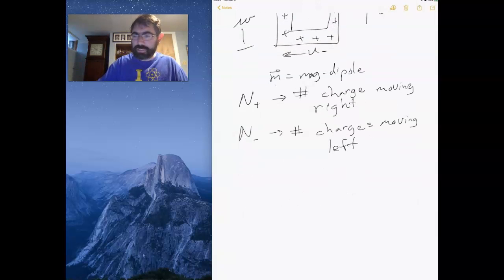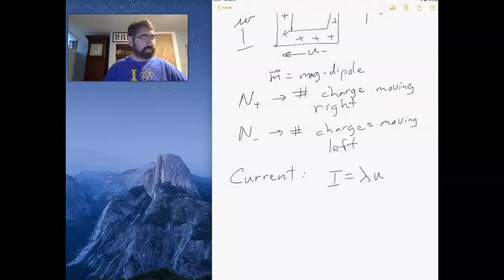The current, in this case, is the charge density times the velocity. And what we want to see is, well, do we get a steady current through the whole thing? We should, or else, if we don't get a steady current, the charges are going to start to pile up and collide.